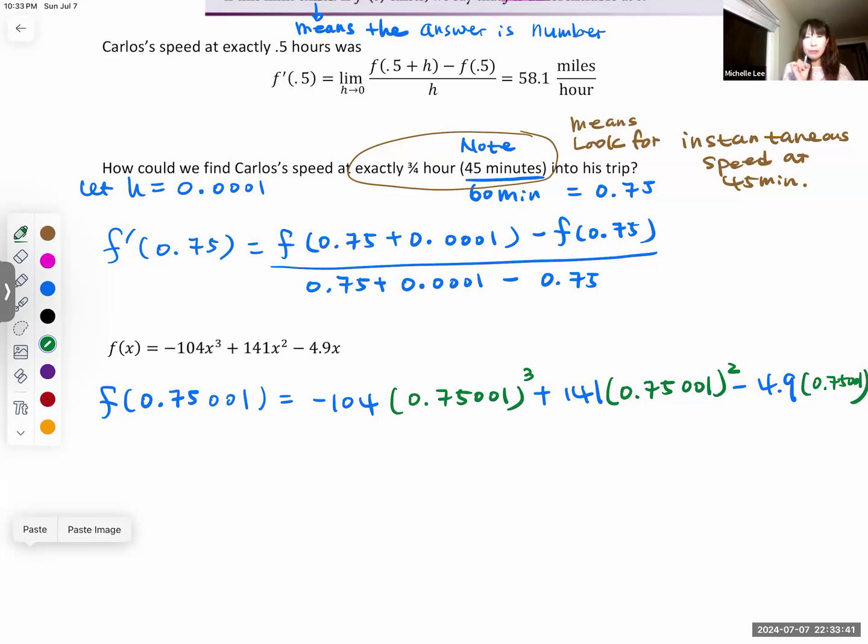So 0.75 plus 0.0001. So, missing the zero, right?